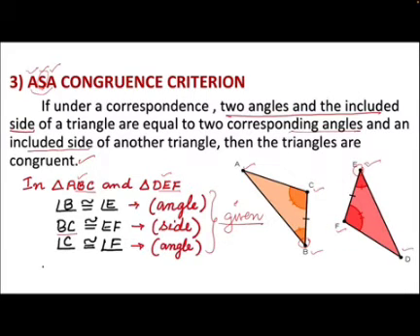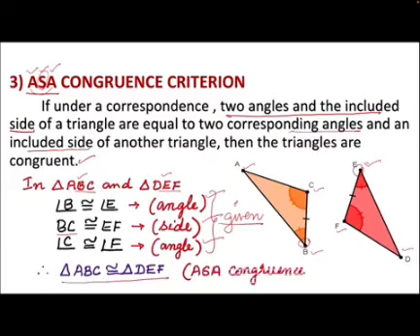So we can see that they are matching. So using which congruence criterion can you say that the two triangles are congruent? Clearly it is ASA, angle side angle. Okay, so triangle ABC is congruent to triangle DEF using ASA congruence criterion, children.